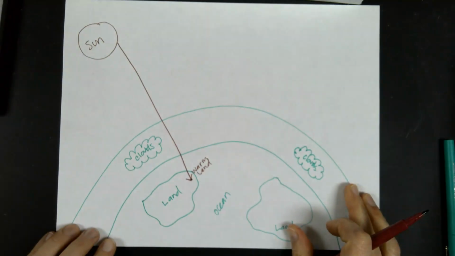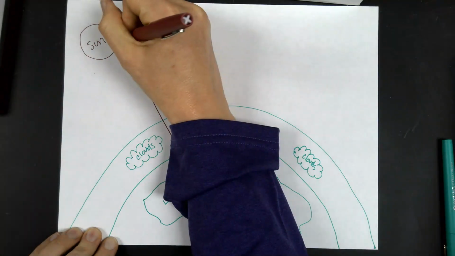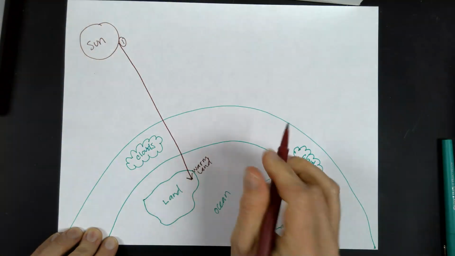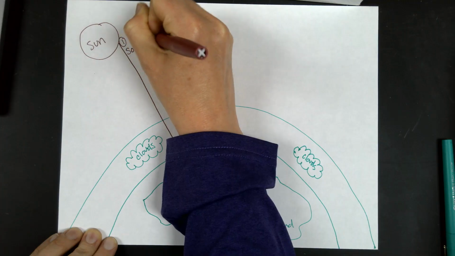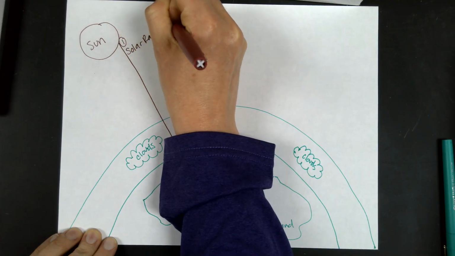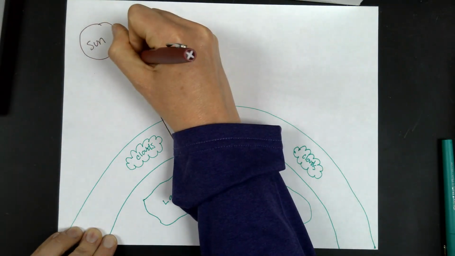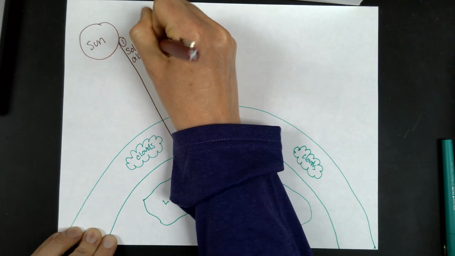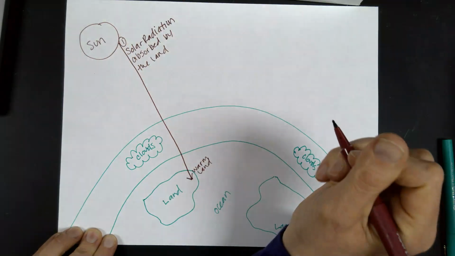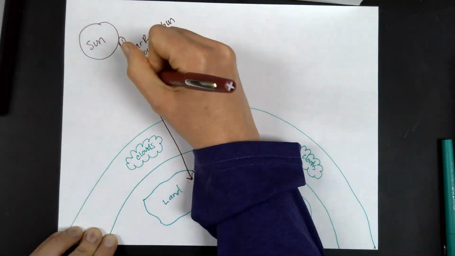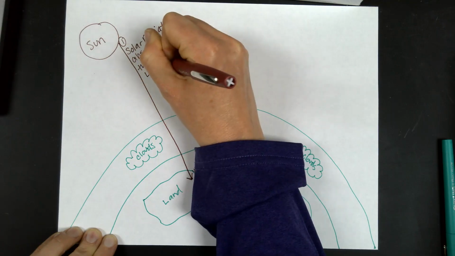Okay. And then, since we're warming the land, so right here, number 1, this is solar radiation. So solar radiation is absorbed by the land, because land is going to have a low albedo.